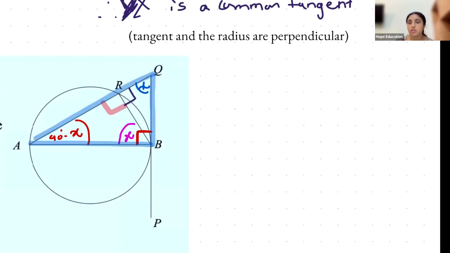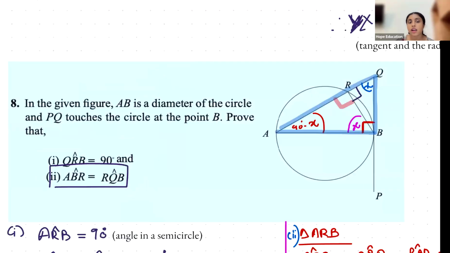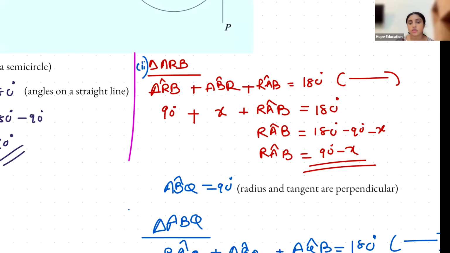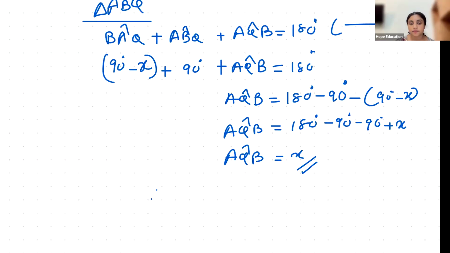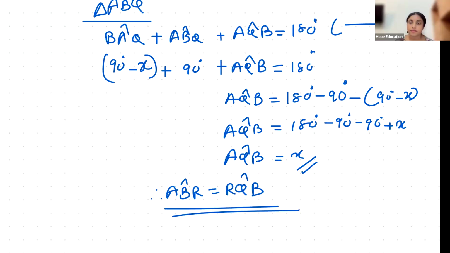ABR is equal to RQB. Here we took ABR as x. ABR is x. Now RQB is also x. Therefore, ABR is equal to RQB. Is that clear?